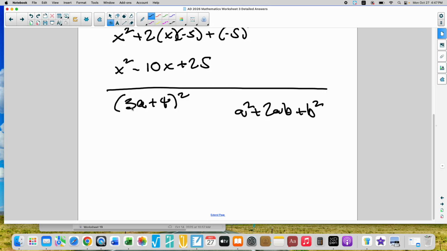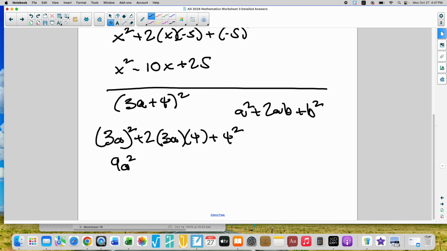Your a value is 3a, so quantity 3a squared plus 2 times your a times your b plus your b value squared. That's 9a squared. That's 2 times 3 times 4 is 24a, and then plus 16. So that's a little quick instead of writing it as 2 and doing the double distribution.